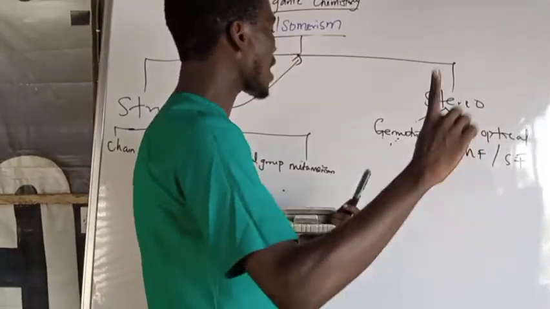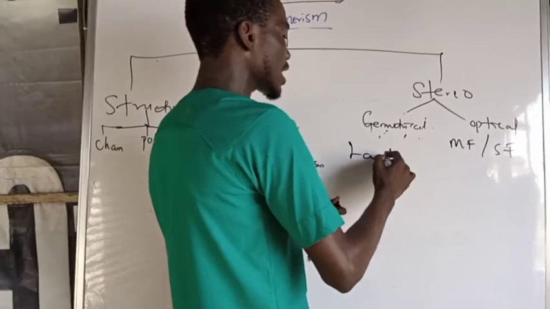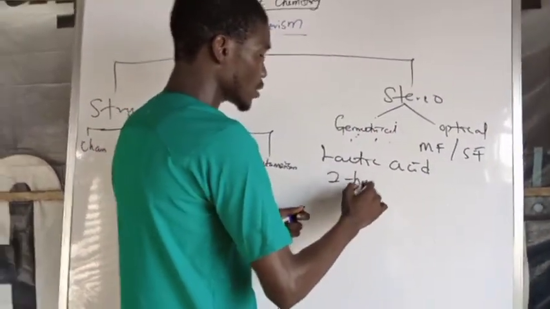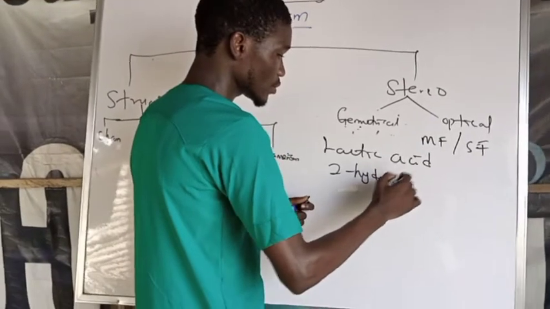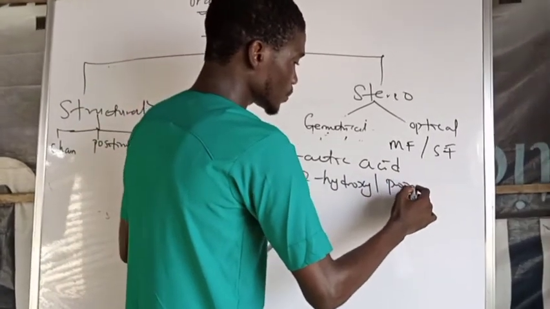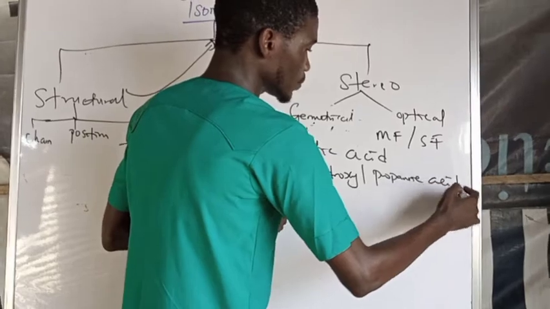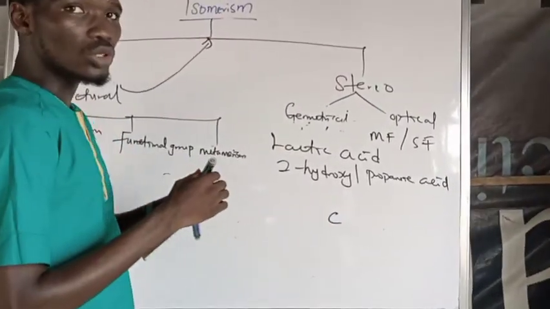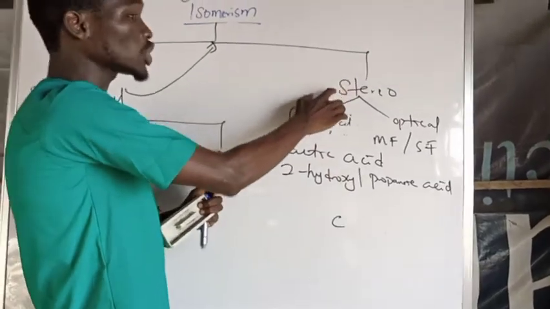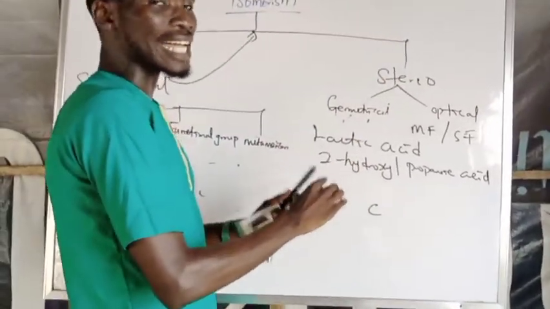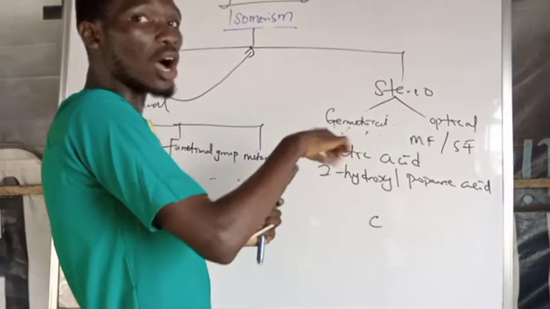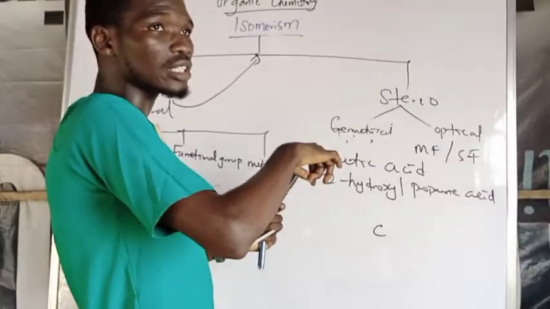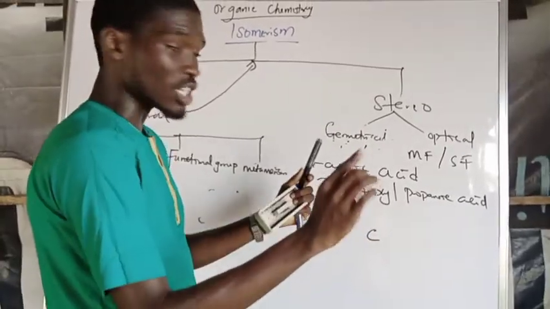And with that, we have one compound called lactic acid, which is known as 2-hydroxypropanoic acid. We have one carbon atom at the middle. According to the definition of stereoisomers, they have the same molecular formula, but the three-dimensional shape is exposed in space.